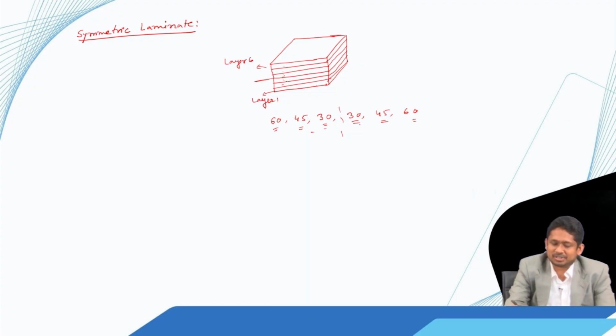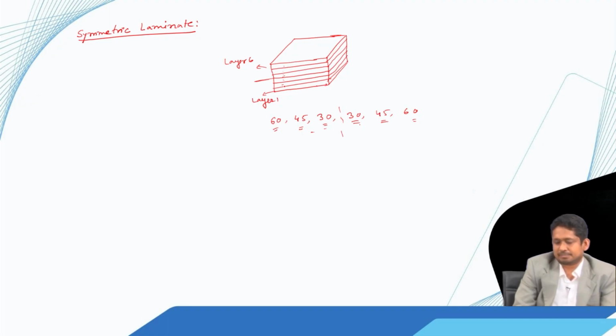Similarly, if we look at the bottom, the first layer we have 60, top we have 60. So, at the two symmetric locations, the plies have same fiber orientation, and not only same fiber orientation, they should have same thickness, same material properties also.